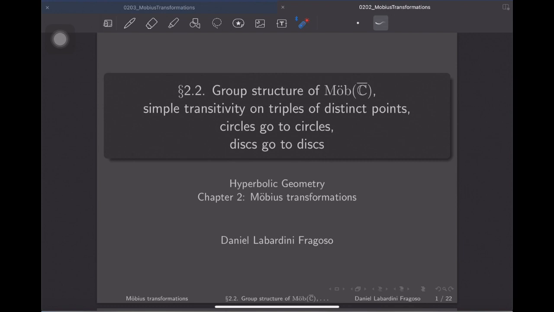So don't forget that. Now I can deduce that disks go to disks simply because I know that a circle always goes to a circle, and so the two connected components of the complement have to go to the two connected components of the complement. And we saw how to decide which one of the two combinatorially, if what I'm given is the 3 points in my circle in the domain.